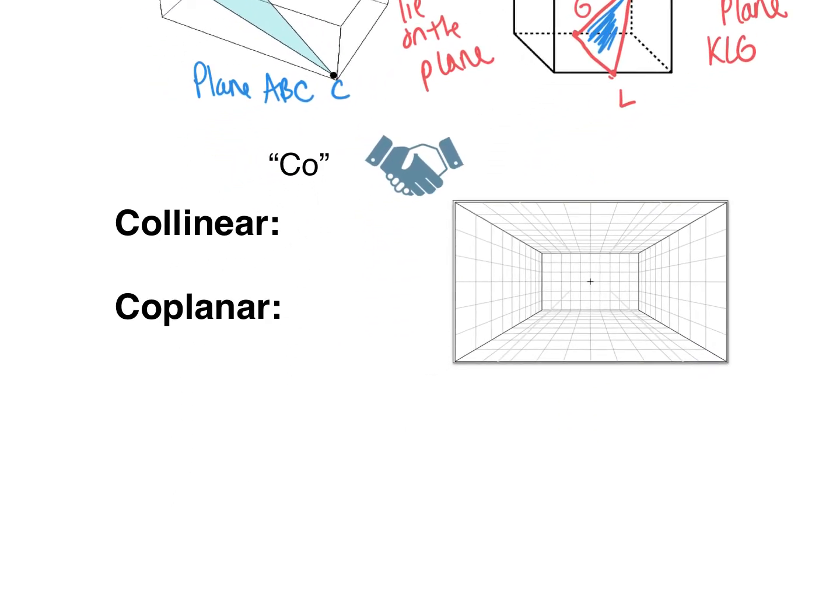So collinear, the term co means that they are together, right? Something that is together when you say the word co in front of a word. So collinear are any 2 points that make a line. That's what collinear means.